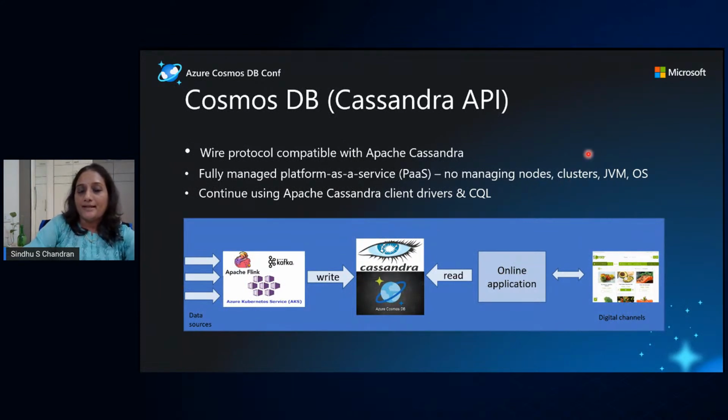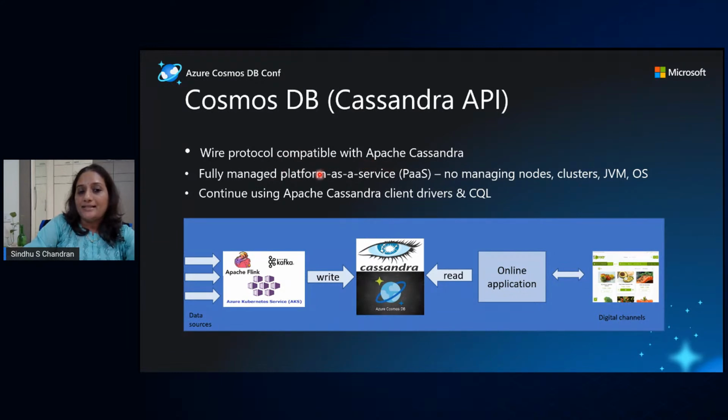So as you're probably aware, Cosmos DB is available in these different flavors. And one good thing for Kirana Cube is that they can continue using their Cassandra investment with hopefully minimal changes. The great thing is that it is wire protocol compatible with Apache Cassandra.